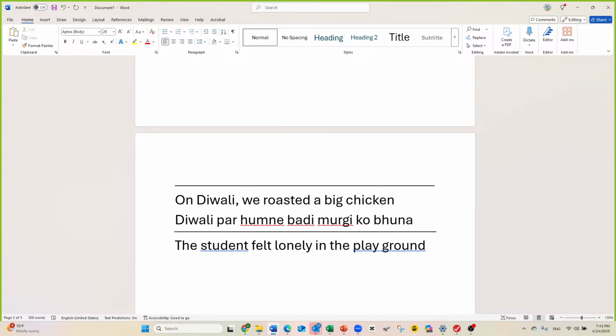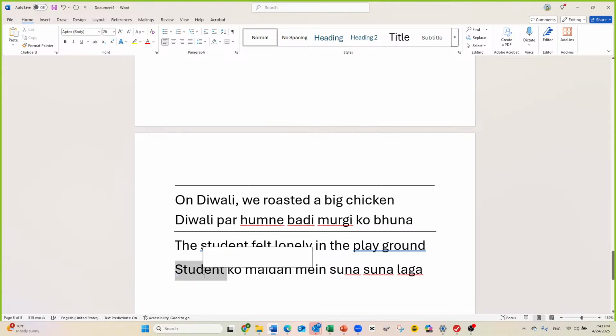So we'll say student को playground में. When we use the word suna, we have to say it twice: सुना सुना लगा. So what is the Hindi word for playground? मैदान. Very good. We just did Maidan, right?